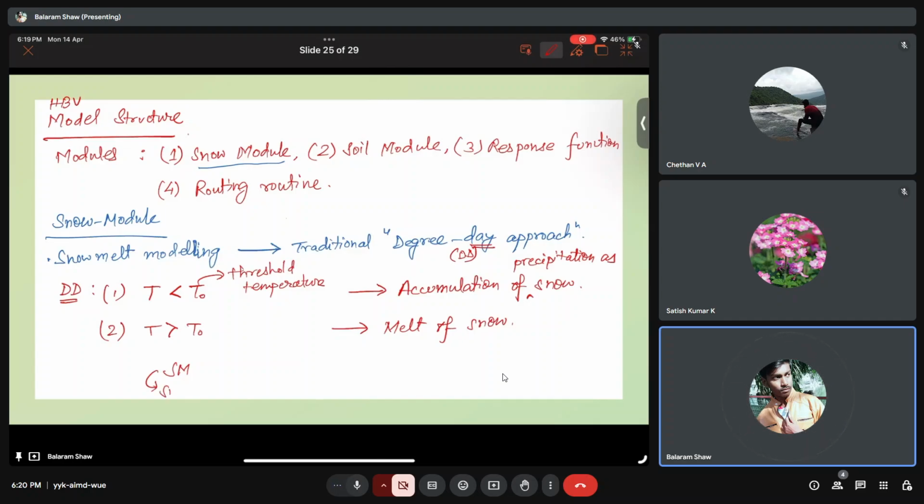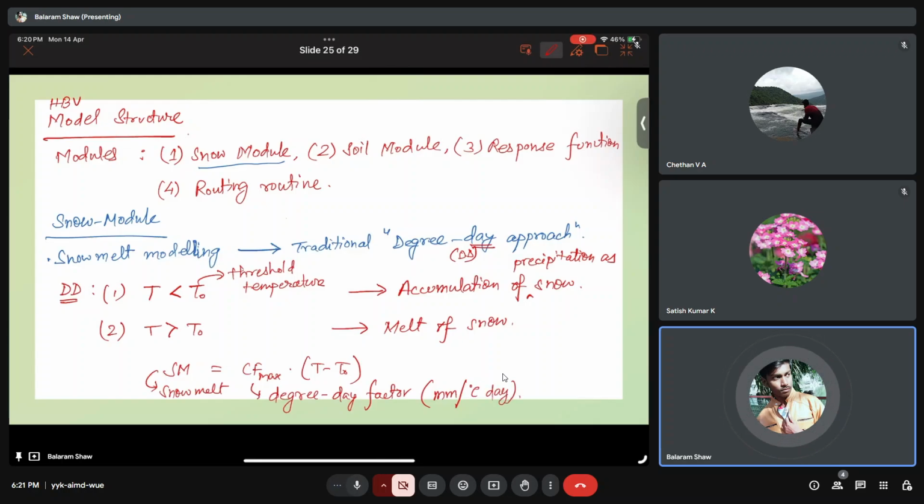Let's say snow melt will be equal to Cf max into T minus T naught, where T naught, as I said, is the threshold temperature. Okay, and this is one of the coefficients. This is the degree day coefficient or degree day factor, whatever you say. Okay, and the unit is millimeter per centigrade per day.